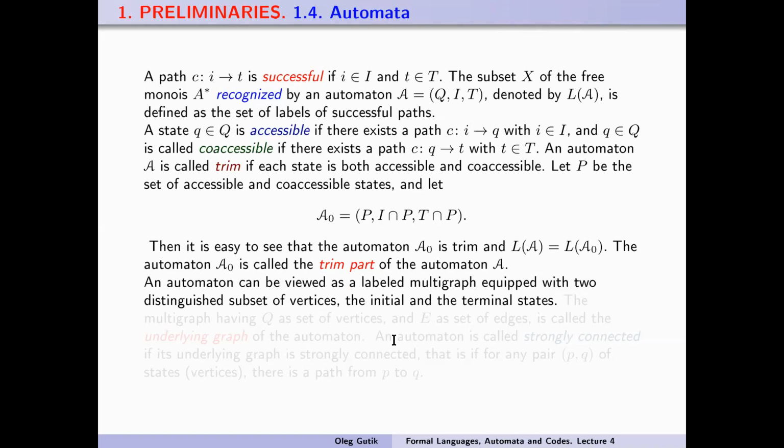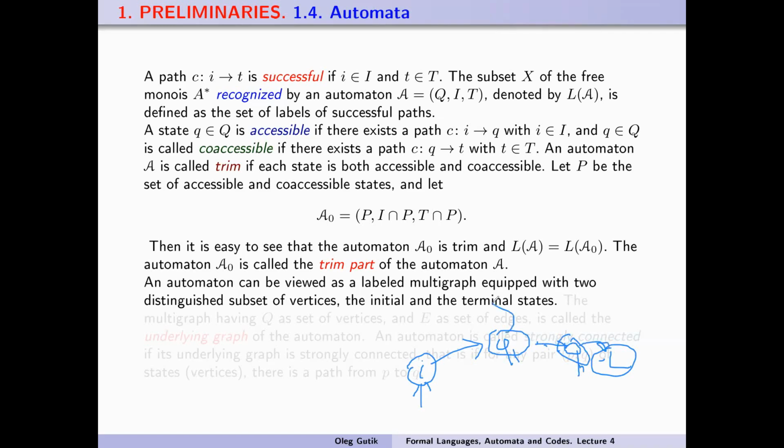An automaton can be viewed as a labeled multigraph equipped with two distinguished subsets of vertices, the initial and terminal states. So if we have an automaton, we have initial states, for example denoted I, and terminal states denoted by T, and we have some edges, states Q1 up to Qn, and so on.